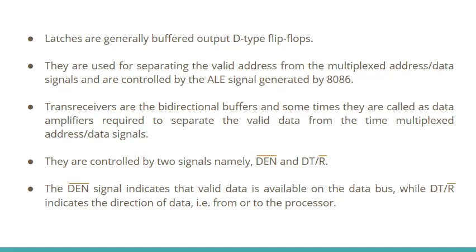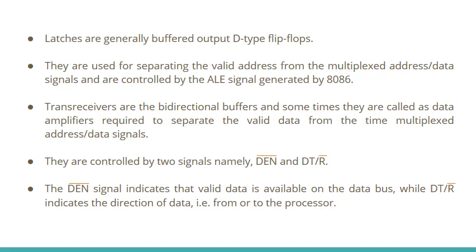Now the transceivers in the minimum mode are bidirectional buffers, also known as data amplifiers. These transceivers are used to separate the valid data from the time multiplexed address/data signals, that is from AD15 to AD0. They are controlled by 2 signals, namely DEN bar and DTR bar.